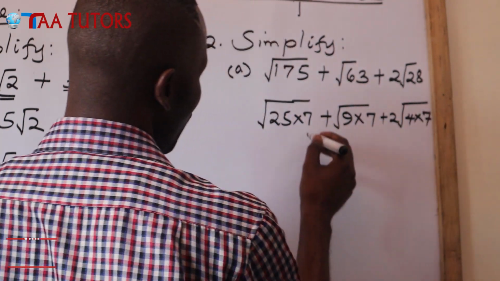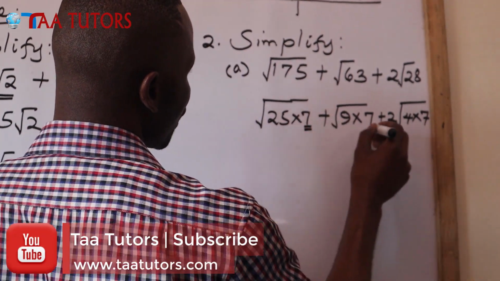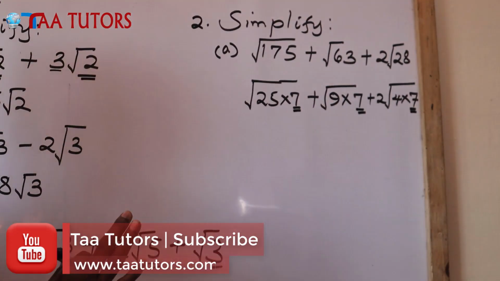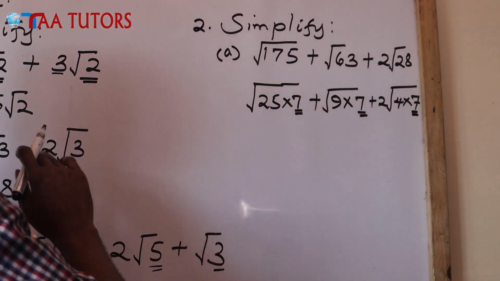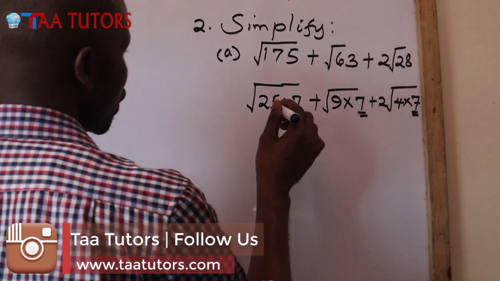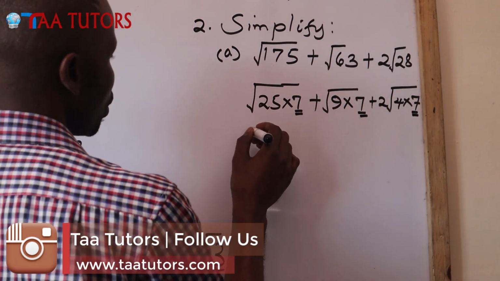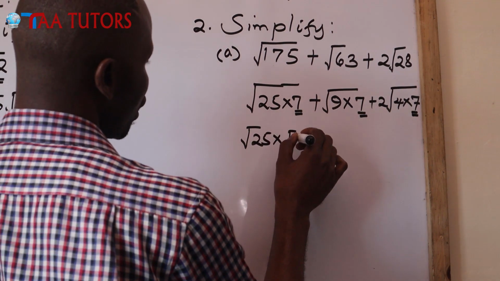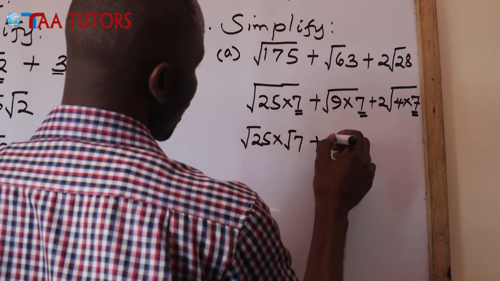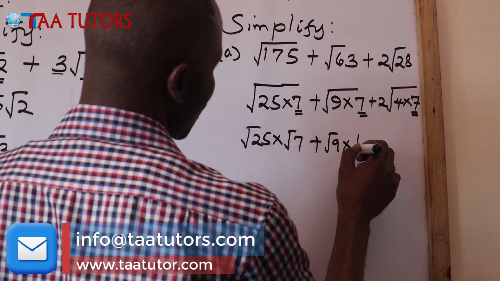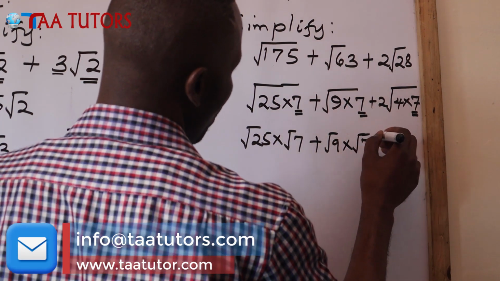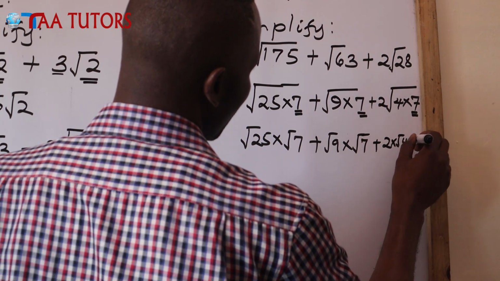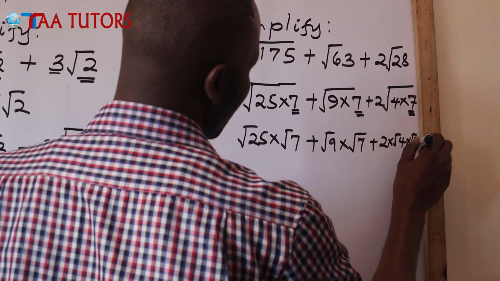So viewers, you see, the non-square number is 7. It means at the end of the day, we are going to get surds with all like terms. If I do this, it's going to be surd 25 times surd 7 plus surd 9 times surd 7 plus 2 times surd 4 times surd 7.